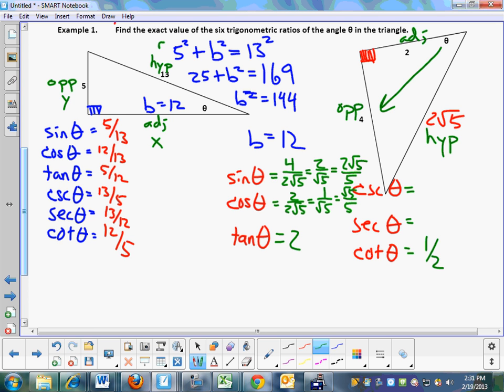Now, can I show you a trick so you don't make more work for yourself? For cosecant, you're just going to flip sine, right? Well, instead of flipping, the end one, flip the one before it. So instead of 2 over the square root of 5, you're going to have square root of 5 over 2, right? See?